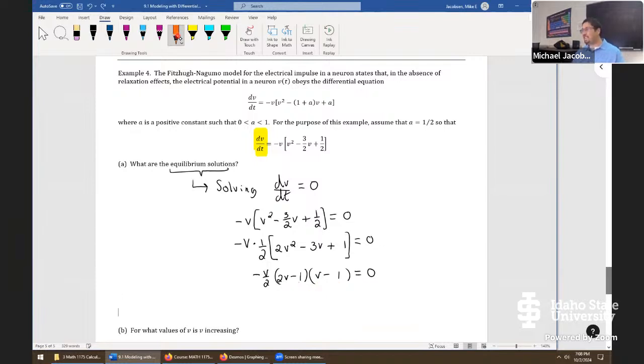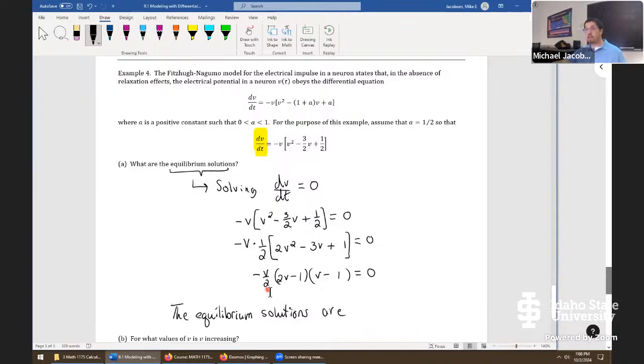So when it comes to finding the equilibrium solutions, that's all we're doing. We're wondering for what value of v does the derivative become 0. Coming down here, we can now say, once we get an official pen going, the equilibrium solutions are from this term right here.